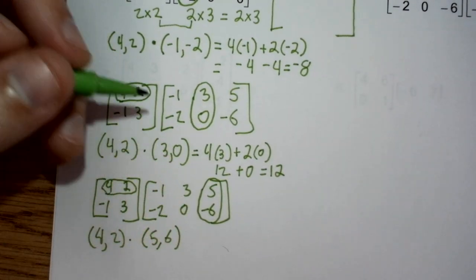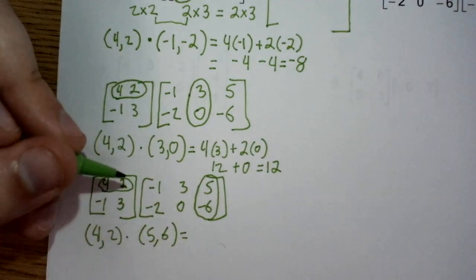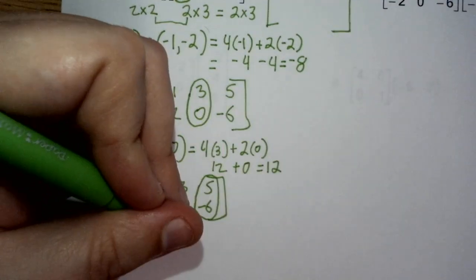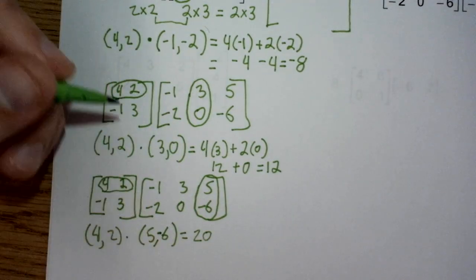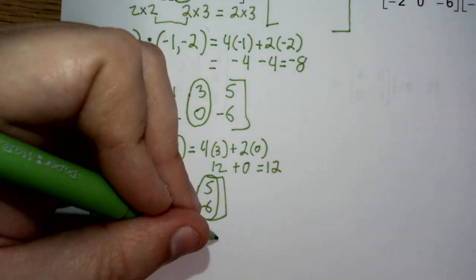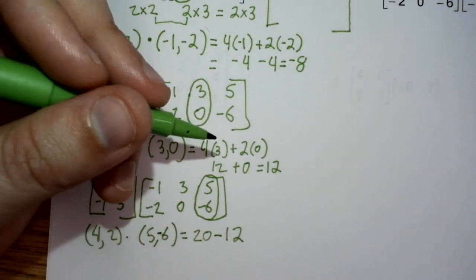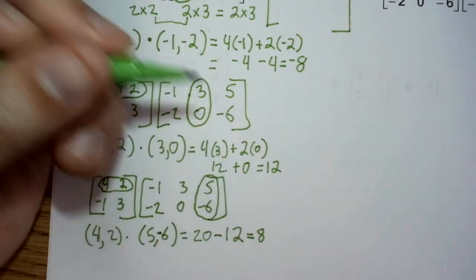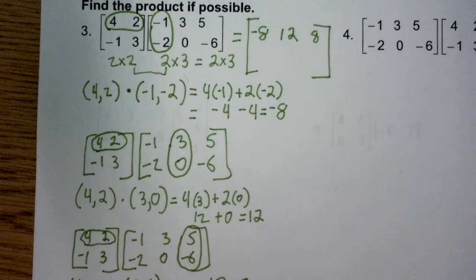As we go through this, we can start really shortening it, saying, well, I know 4 times 5 is going to be 20. And 2 times -6 gives me -12. 20 minus 12 gets me +8. So that finishes off the first row of our answers there.